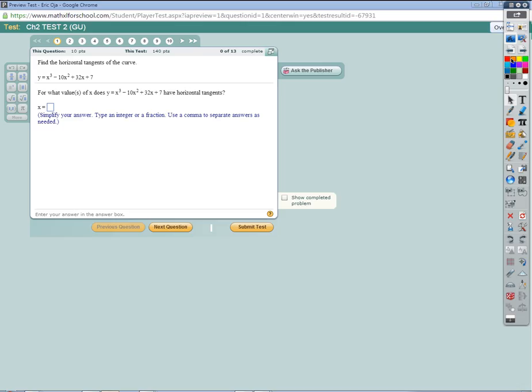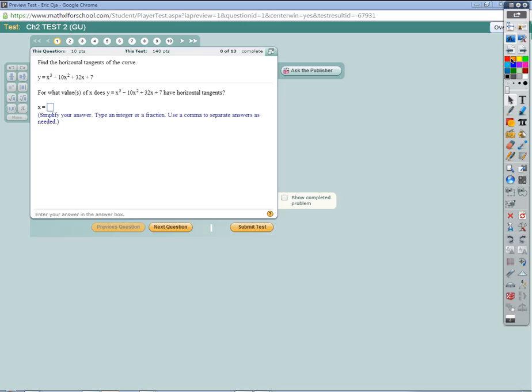What if they wanted the equation of the horizontal tangents?